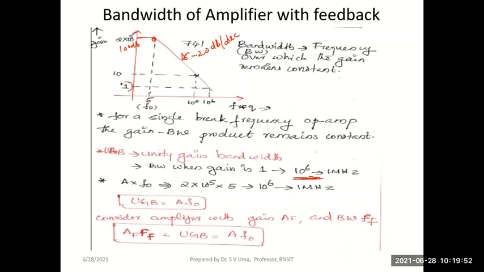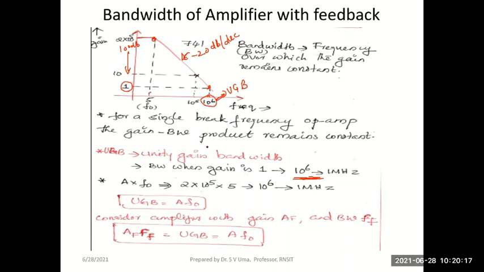You see here the gain of the op-amp has come to 1. From 2 into 10 to the power of 5, the gain has reduced to 1 at this point. The corresponding frequency when the gain has come down to 1 is 10 power 6. So here 10 power 6 represents the unity gain bandwidth product.